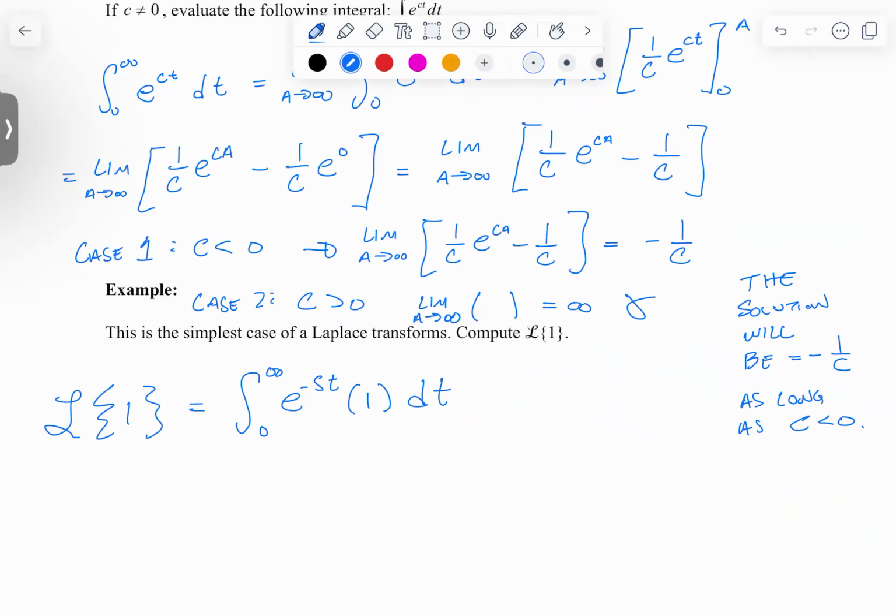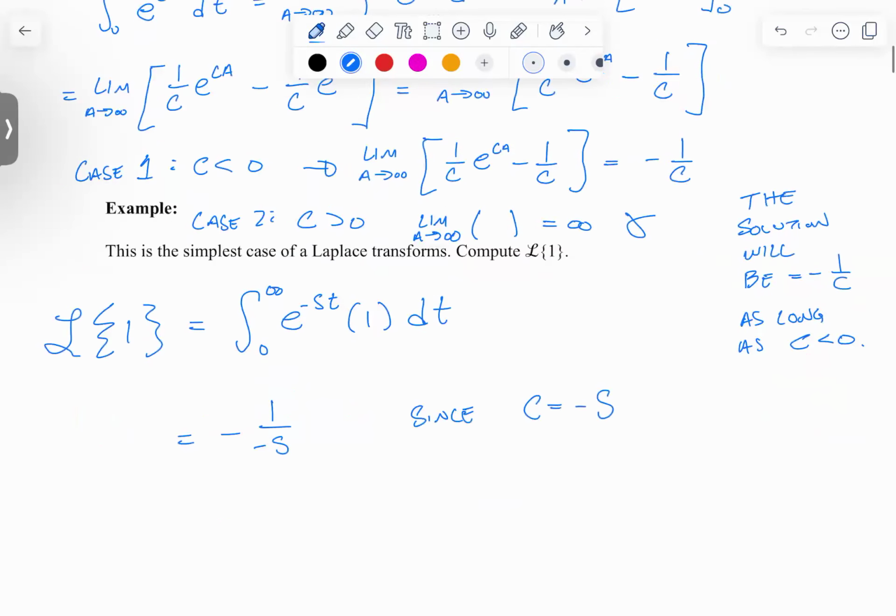Because we evaluated e to the ct from 0 to infinity. Now we have e to the negative st. So the only thing we're changing is we're replacing c with negative s, which means I can evaluate that because I already know the situation. This becomes -1/-s, since I'm just replacing c with negative s.